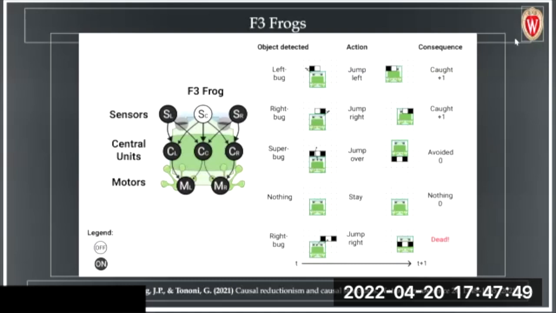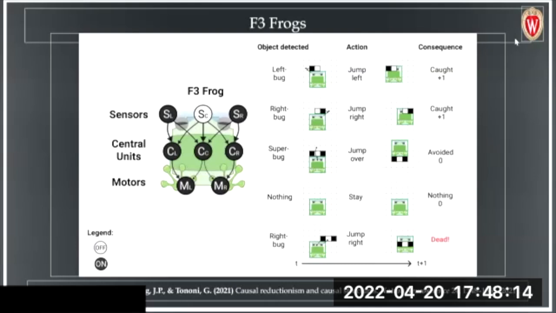The same goes for the right bug, but the frog is also able to detect not only left bugs and right bugs, but also superbugs. And in this case, the central unit, CC, receives inputs, so represents the state of the world as there is a superbug, and is able to activate both motors, increasing the probability that they will fire, and it will jump over, effectively avoiding the superbug.